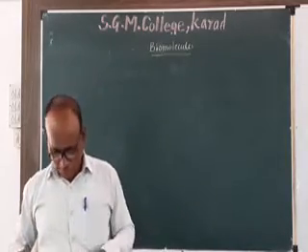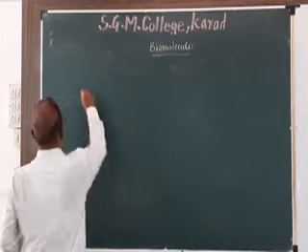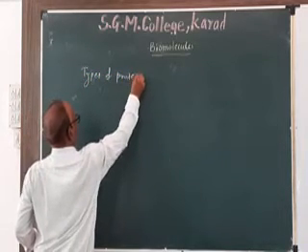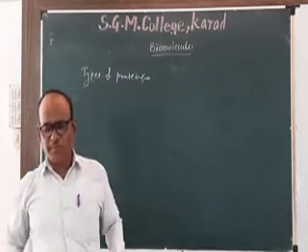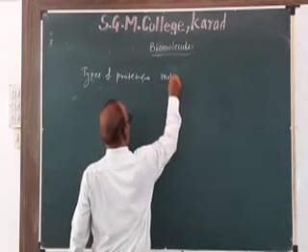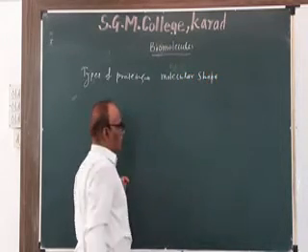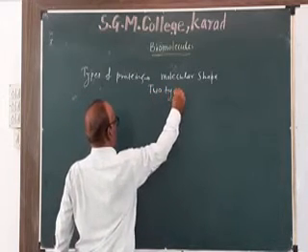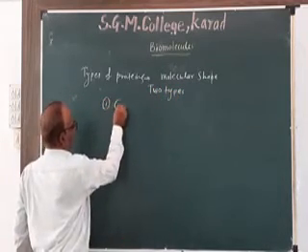In today's lecture we have to study the next point, that is types of proteins. There are 2 types, and this classification is based on the molecular shape of the protein. So the first type is globular protein.